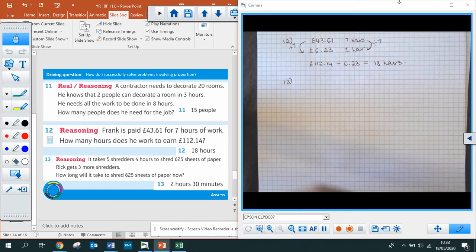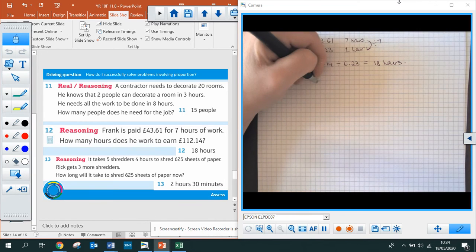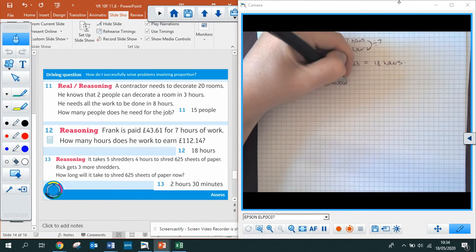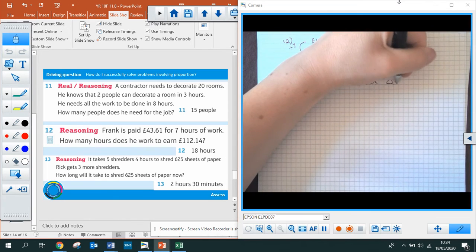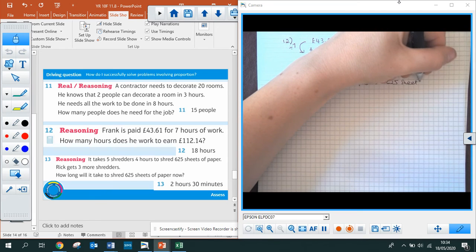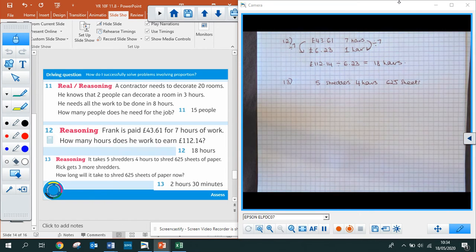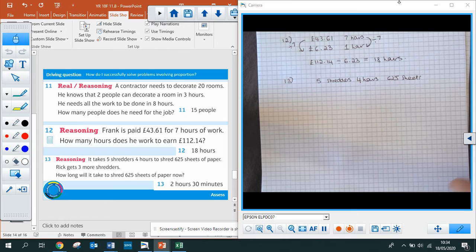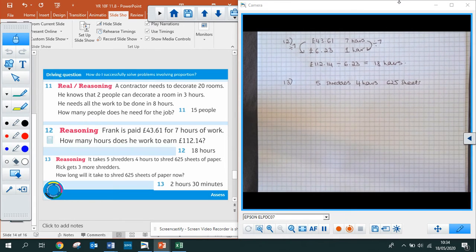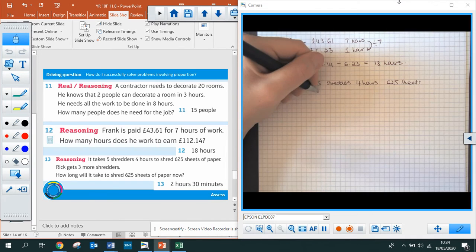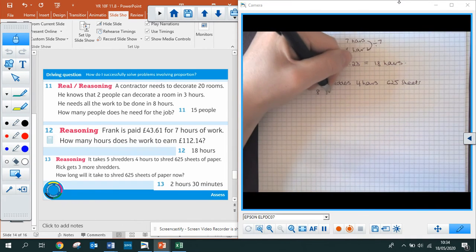So I'm going to write that: 5 shredders, 4 hours to shred 625 sheets. Then it says Rick gets 3 more shredders. How long will it take to shred 625 sheets of paper now? He buys 3 more, so he now has 8 shredders.